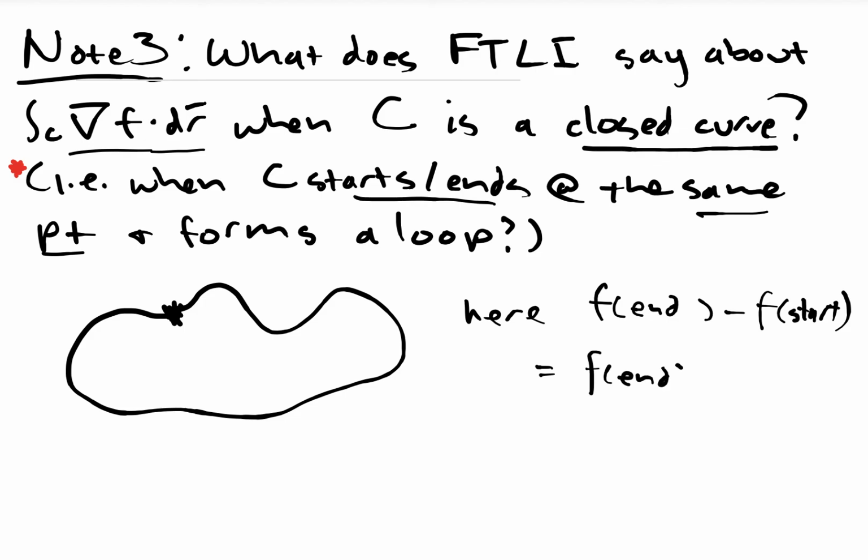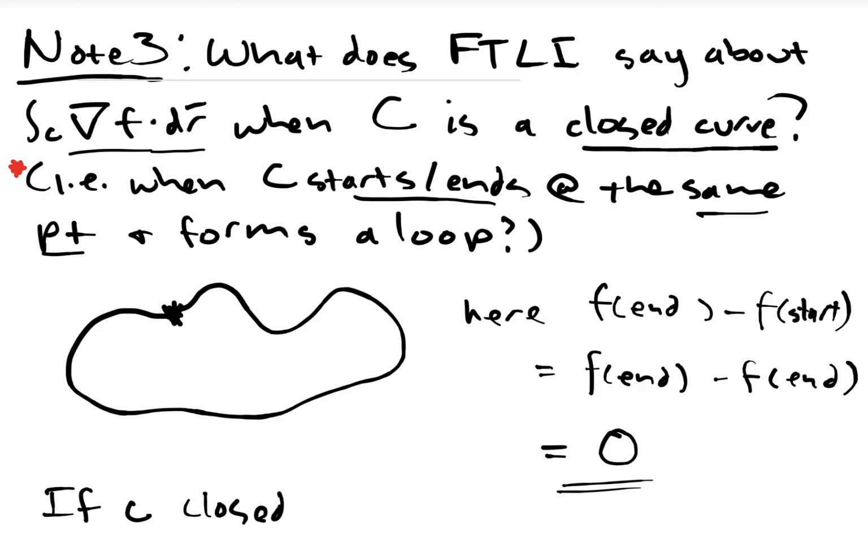So it really looks like I've got f end minus f end because these are the same point. And then if you subtract those off, you're getting 0, okay? So anytime that you're dealing with a C, a curve that's closed, your fundamental theorem of line integrals is basically going to boil down to you getting a big old 0 back, okay?